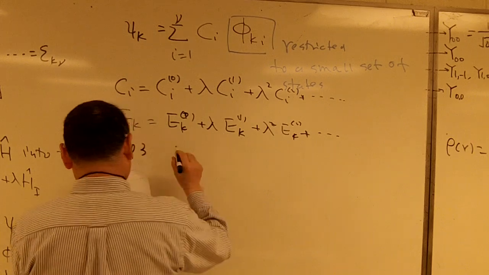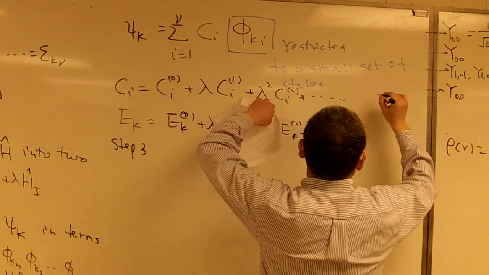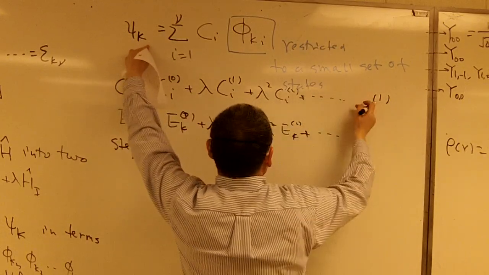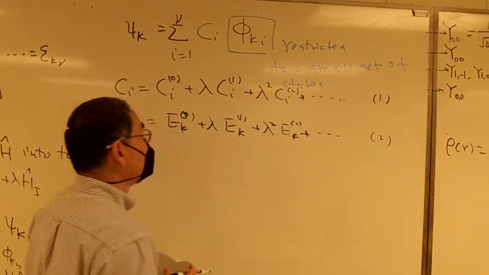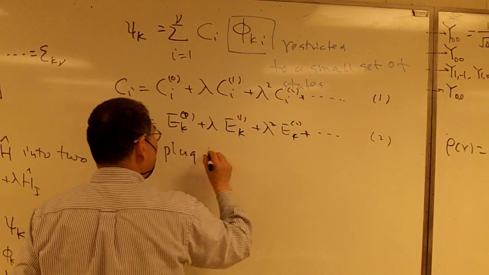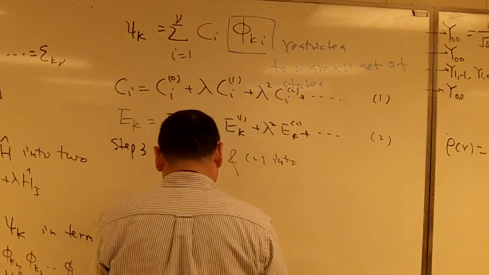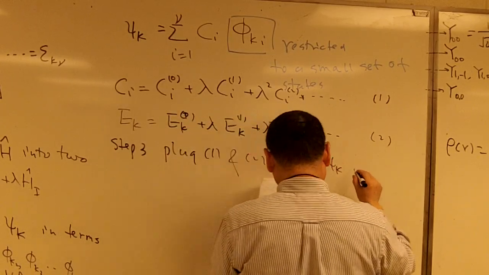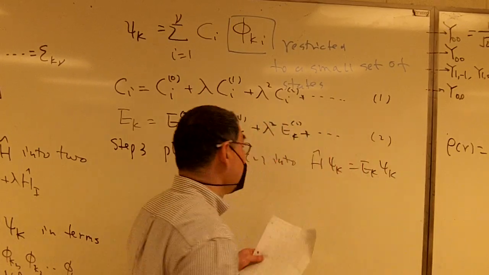We're going to substitute everything. Then use equation 1 and this equation inherited from the top; they are the same equation, essentially, the C and E expansions like this. So these are the same equations. We will plug 1 and 2 into the original eigen equation, H hat plus V hat.